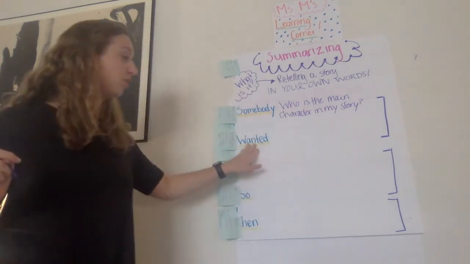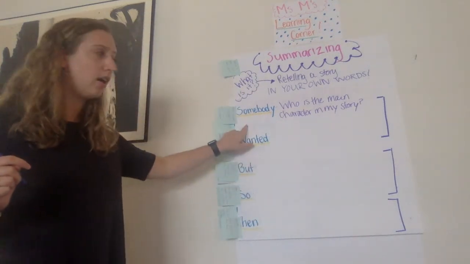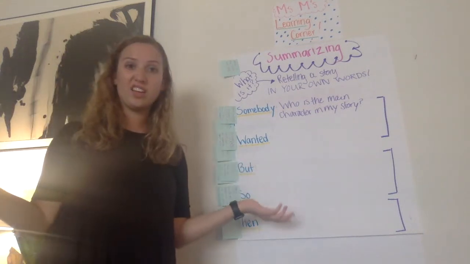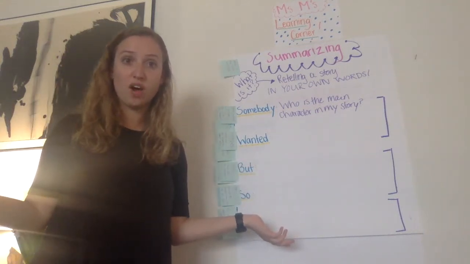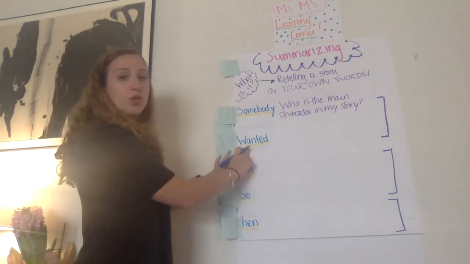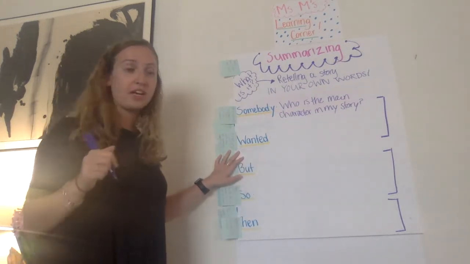Then you're going to go to wanted. So somebody wanted, and you're going to ask yourself, what did the character want and why? Why did my character go about doing this, okay? So when you get to wanted, you're going to ask yourself a second question.